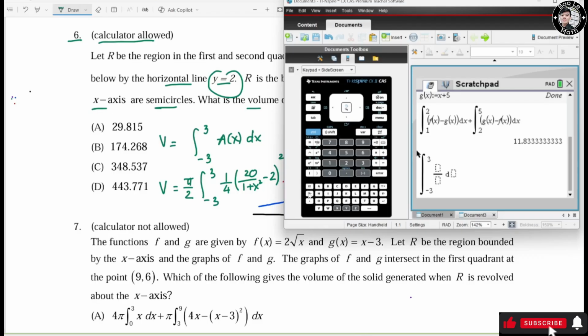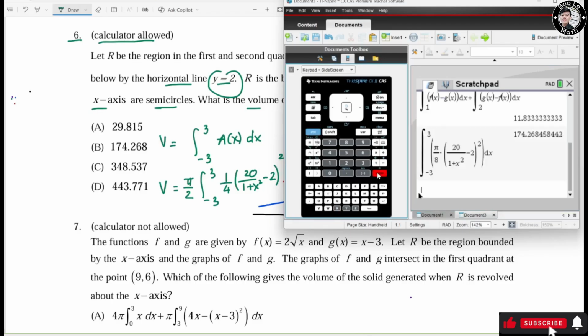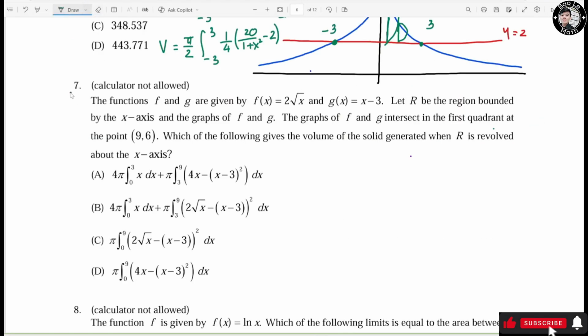So I'm going to put pi over 8 here, times, and press Ctrl Enter. It's going to be 174.268. The answer must be B. Now let's move on to question 7.